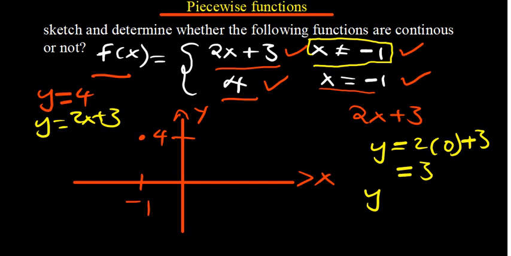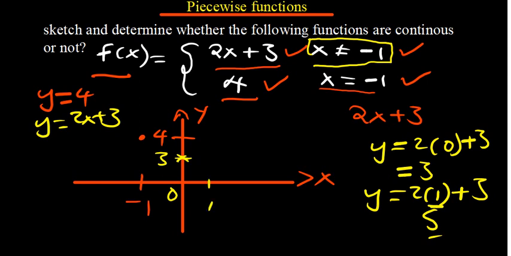Where there is x, we put a 1 plus 3. What do we have? We have a 5. So at a point 0, we're getting a 3, 3 there. Then at a point where we have 1, if you plug in that function, we're getting a 5 somewhere there.